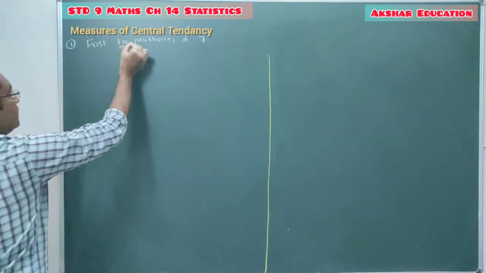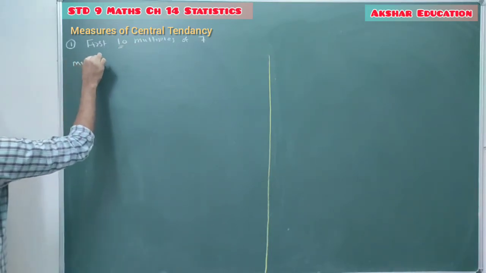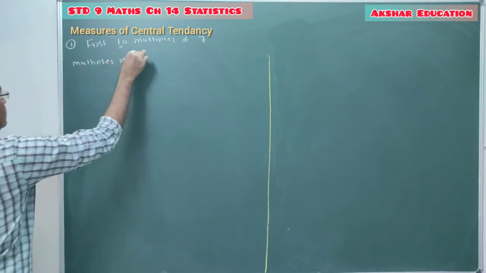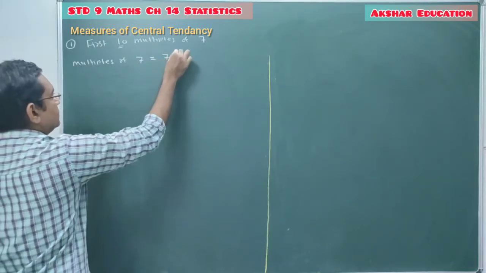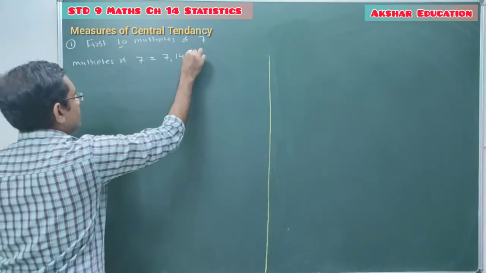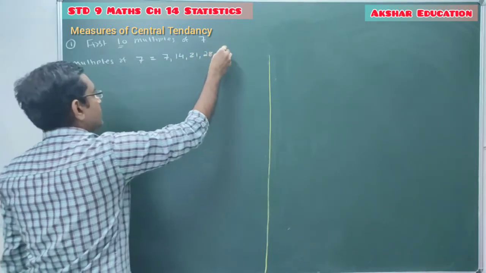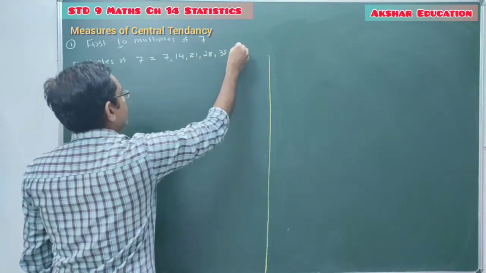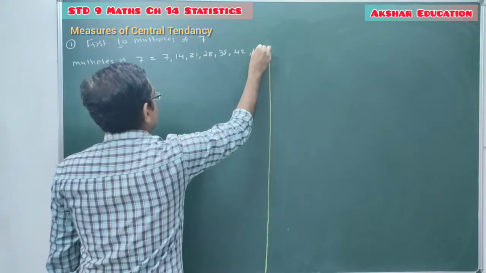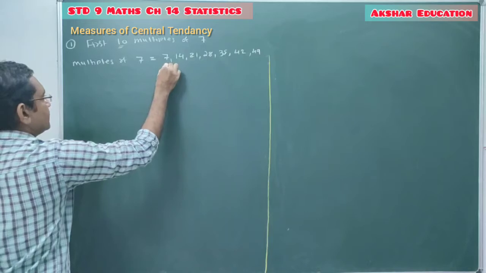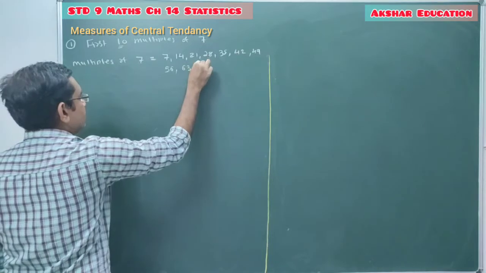So you have to write 10 multiples of 7. First 10 multiples of 7 are: 7 1s are 7, 7 2s are 14, 7 3s are 21, 7 4s are 28, 7 5s are 35, 7 6s are 42, 7 7s are 49, 7 8s are 56, 7 9s are 63, 7 10s are 70.